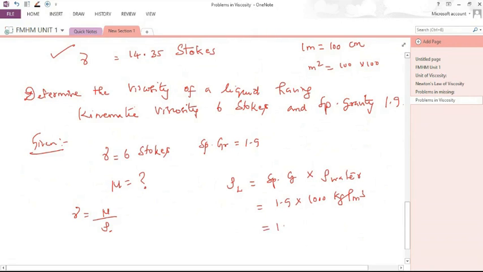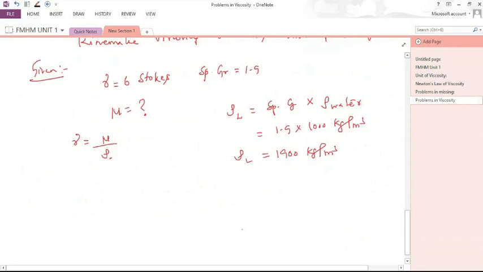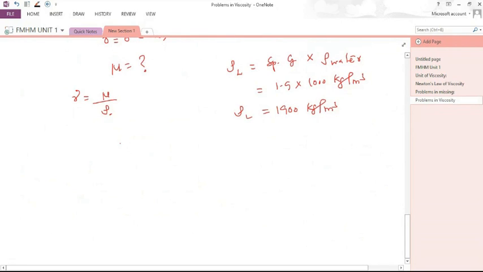So finally we get 1900 kilogram per meter cube as the density of the liquid. So what about mu? Mu is gamma into rho. Gamma is 6 Stokes, and the density is in kilogram per meter cube, which is an SI unit, so you should convert from Stokes.